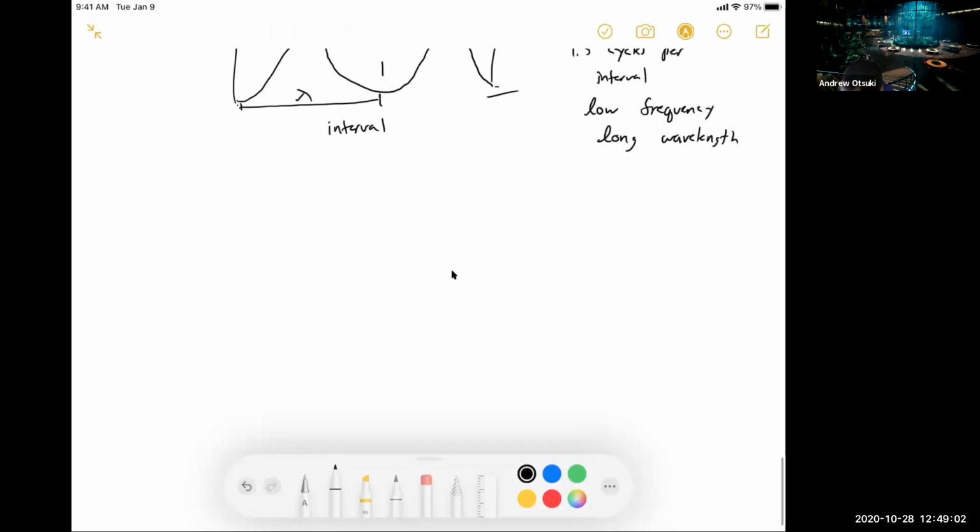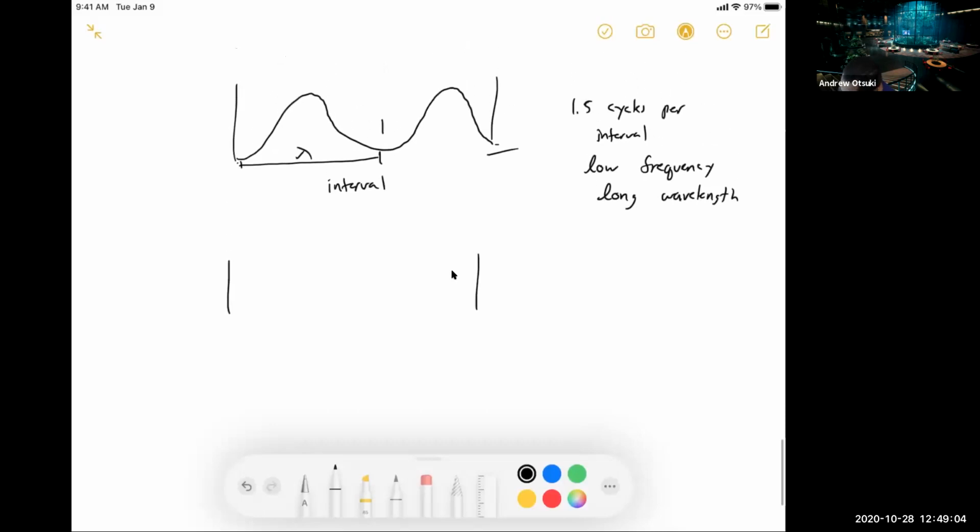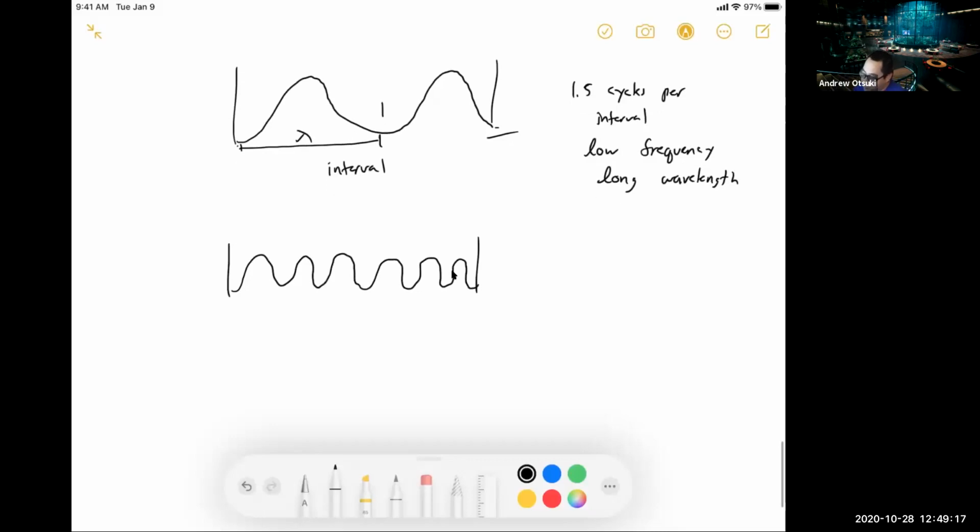But now if I have the same time interval and an even shorter wavelength, say like this, you see that my wavelength now is much shorter.